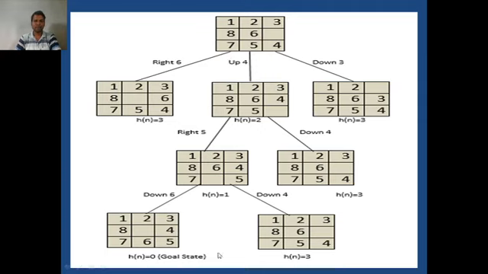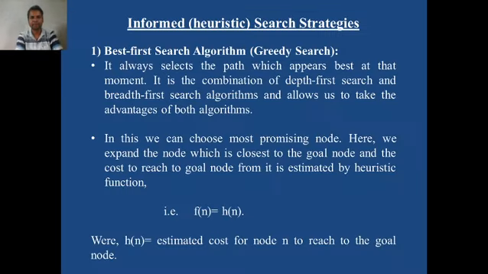We explored this initial state and obtained the goal state. The objective was to reduce the heuristic value. We discussed this problem in the previous video, so all of you are requested to go through it to understand what exactly the heuristic function is.